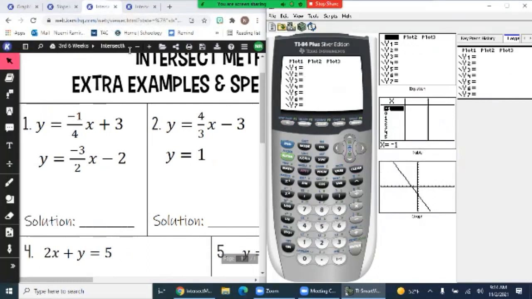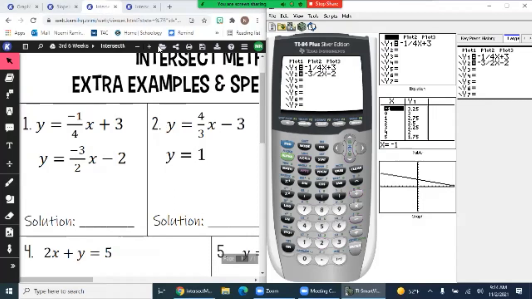Now we have -1/4, so -1 divided by 4, x plus 3. Technically, you don't have to use alpha y equals. I just like for you to use alpha y equals on your calculator, because when you type it in as division, about 5 out of 10 of you will flip it the wrong way.